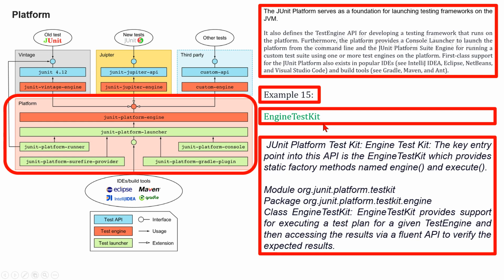If you want to test your own test engine implementation, you need to use its unique engine ID. Alternatively, you may test your own test engine by supplying an instance of it to the EngineTestKit.engine(TestEngine) static factory method.